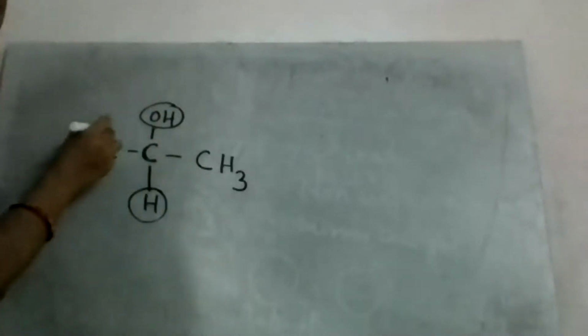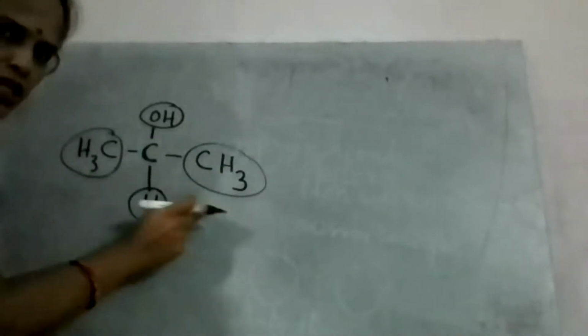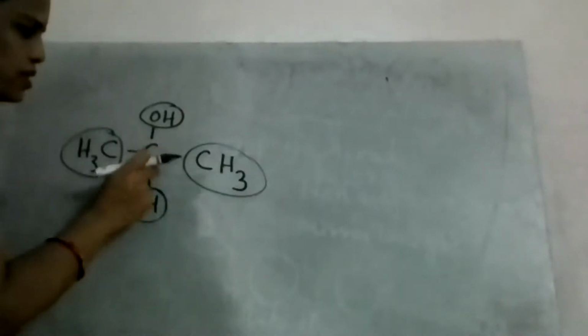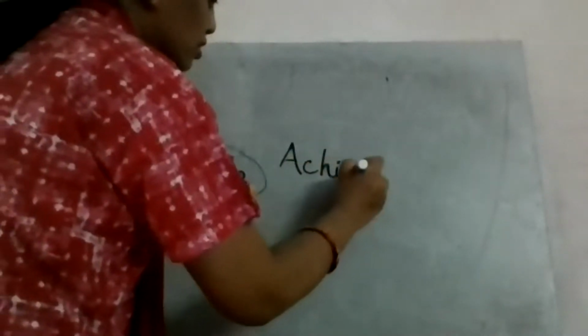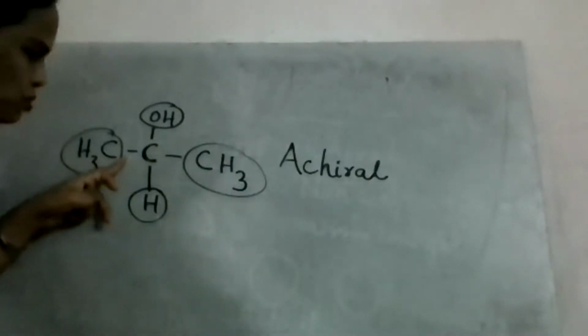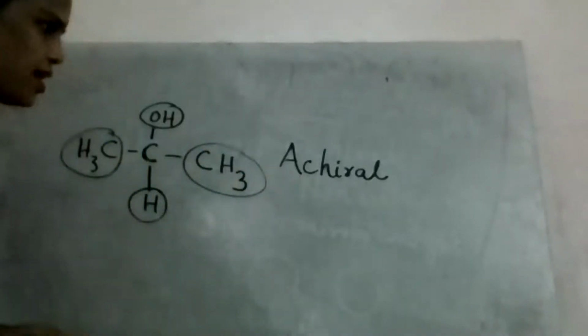If the stereocenter has 4 different groups on it... here you see this is one group, this is another group, but the 2 CH3 groups are the same. Since both groups are the same, this carbon is not asymmetric in nature. So this compound is achiral, or non-chiral, because of the absence of an asymmetric carbon.